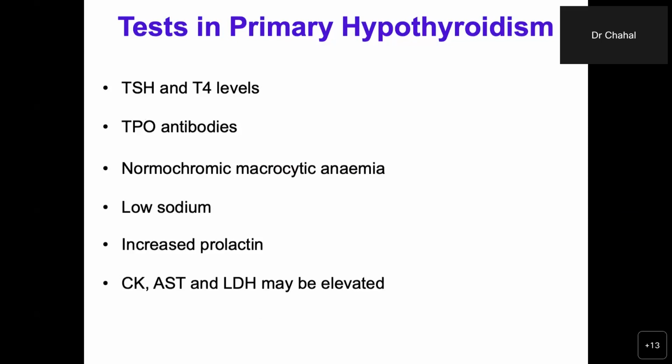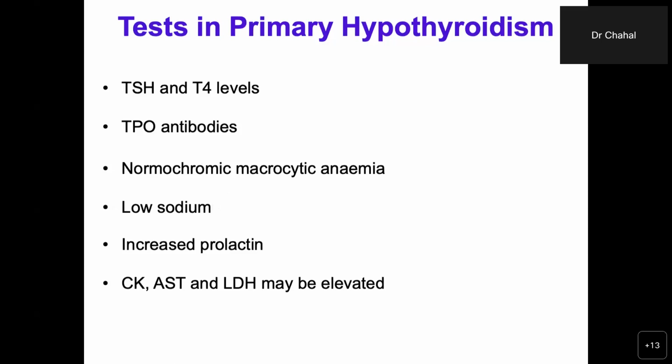But think of other biochemical changes that can happen. Hypothyroidism can lead to normochromic macrocytic anemia. So hemoglobin and MCV is an important test to do. Occasionally, if it's very severe, like myxoedema coma, patients may present with hyponatremia.